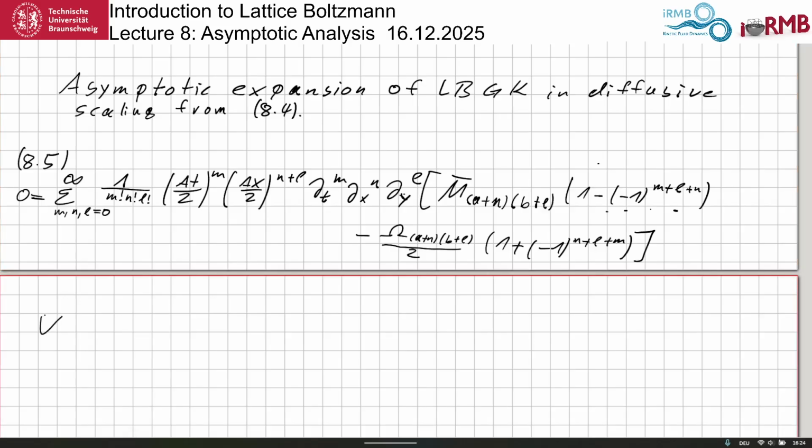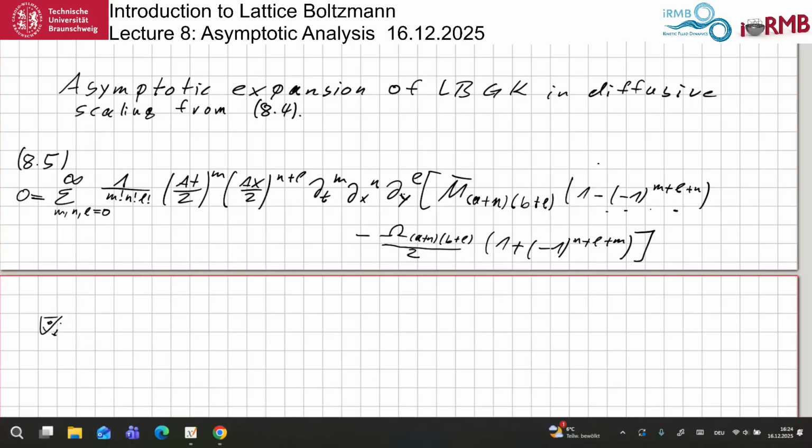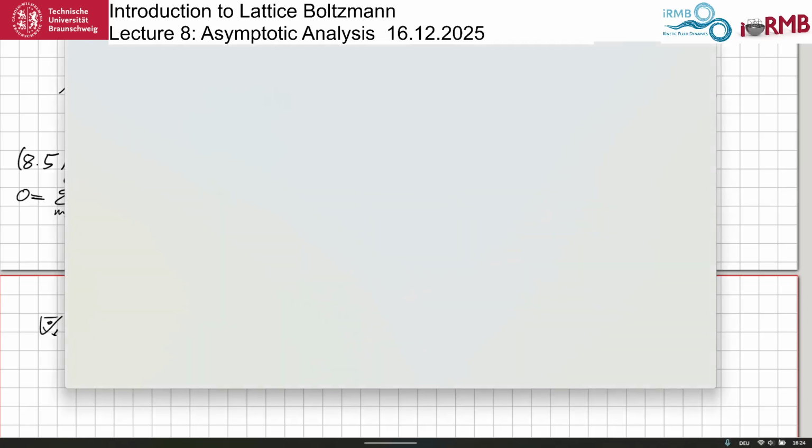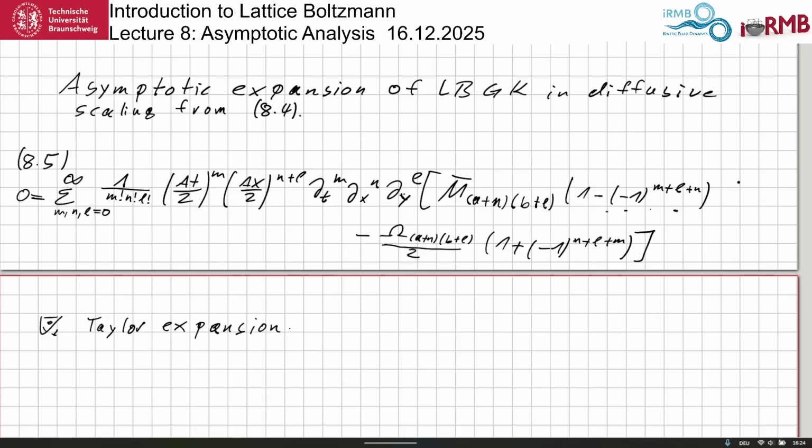And now we combine the two things. We do the Taylor expansion of the asymptotically expanded moments. I'll write explicitly in my notes what I've just said. So this is the right order as I have been told, even though we did it the other way around.